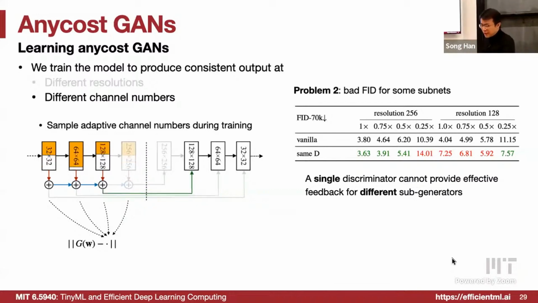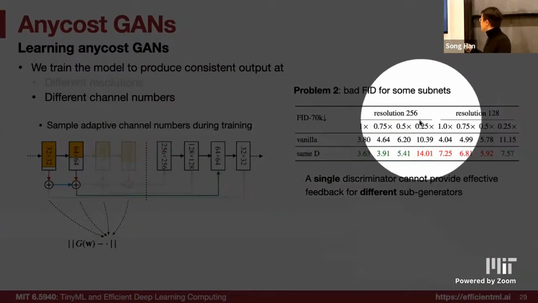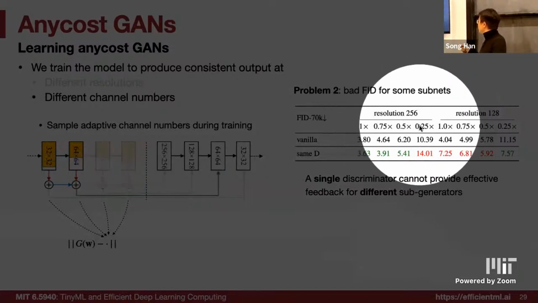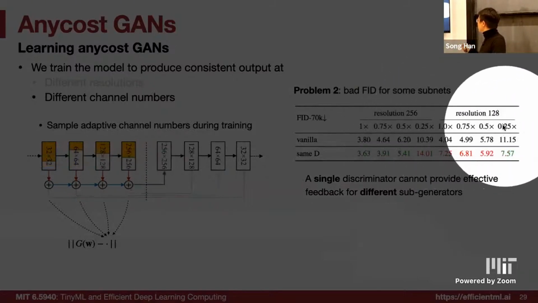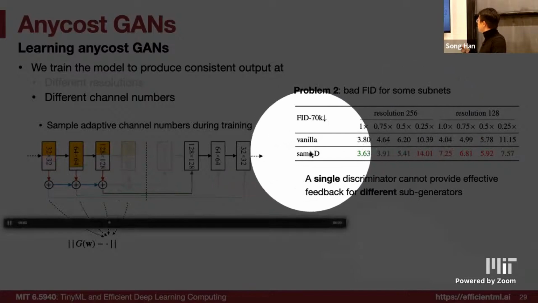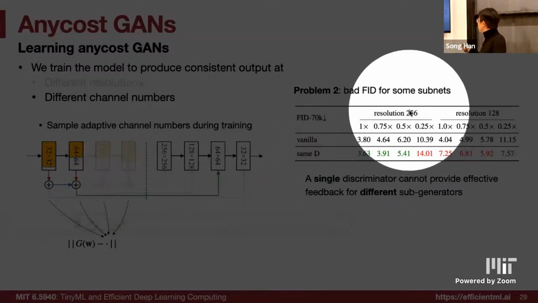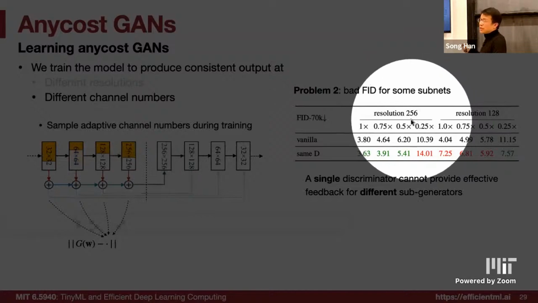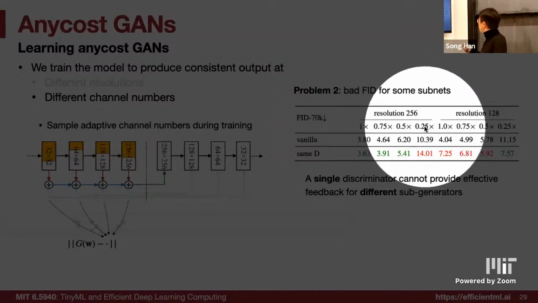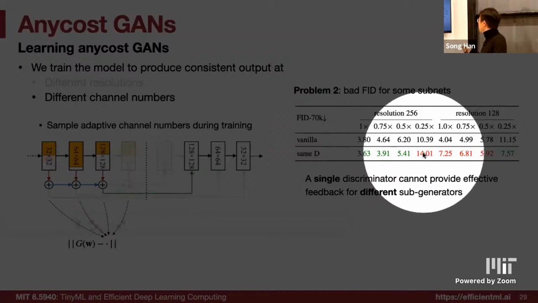We observed a second problem. When we look at FID for some of the subnetworks, for example this is 25% for 128 resolution, and this is for 256 resolution. If we use the same discriminator, when the channel number is 25%, the FID suddenly spiked to 14.